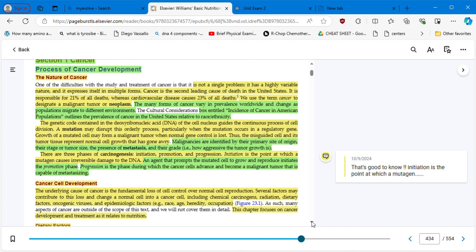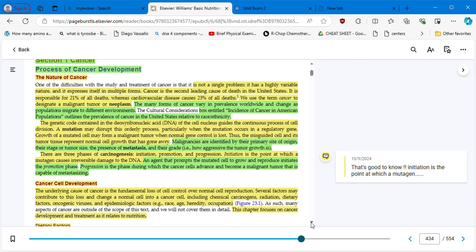It is responsible for 21% of all deaths, whereas cardiovascular disease causes 23%. So in a few years, if we don't control this immunological disease, it is probably going to get to a similar percentage as cardiovascular disease.